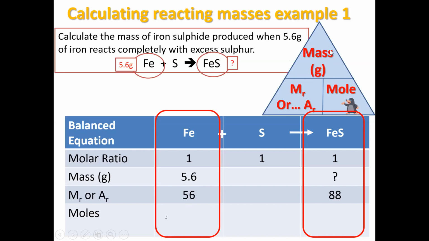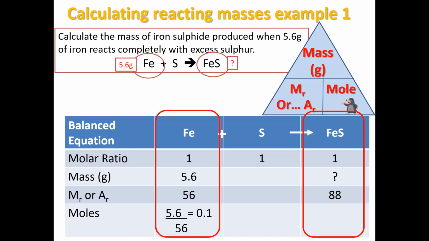So again, that's mass divided by relative formula mass. Now, your mass here is 5.6. Your relative formula mass is 56. So if you did 5.6 divided by 56, you would have 0.1 moles.